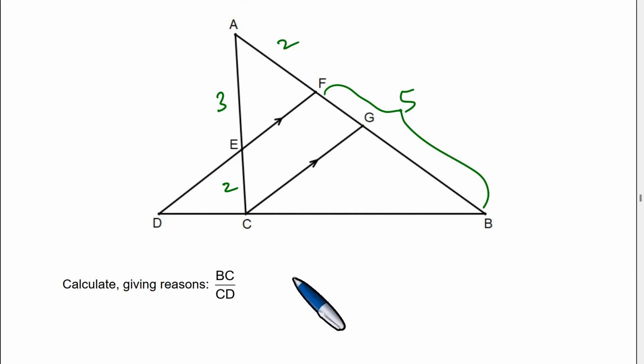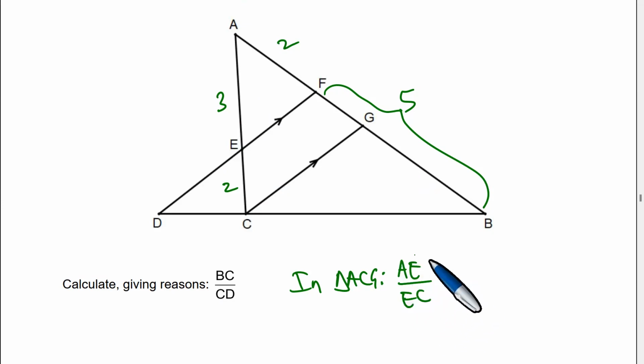First things first, we are going to work in triangle ACG. In triangle ACG, you have AE over EC equal to AF over FG. Why?